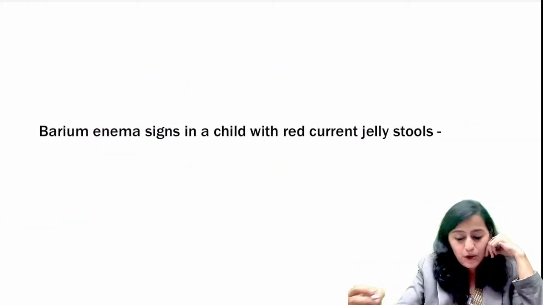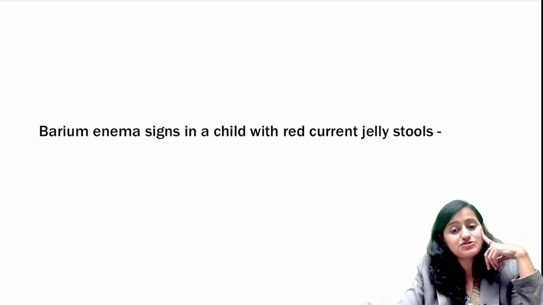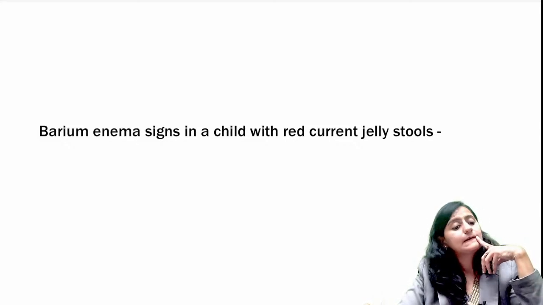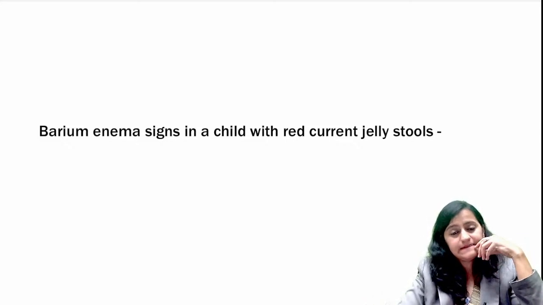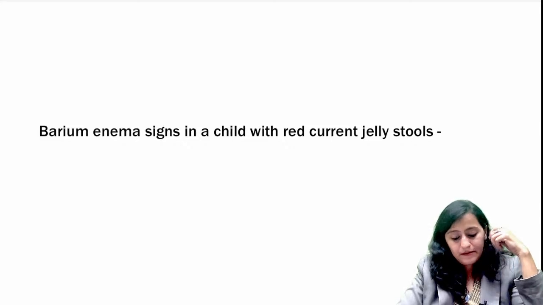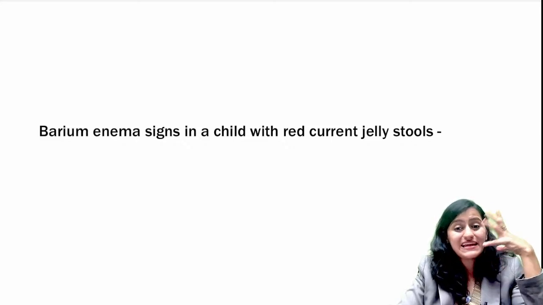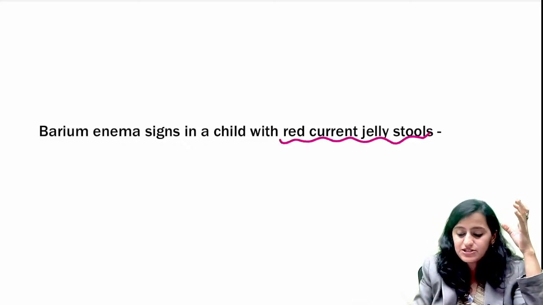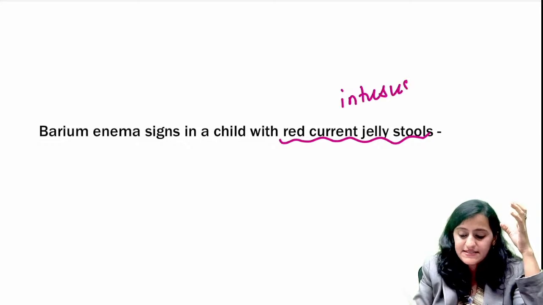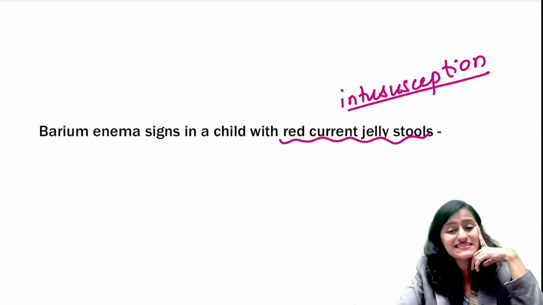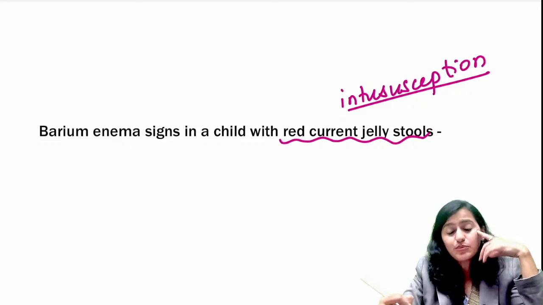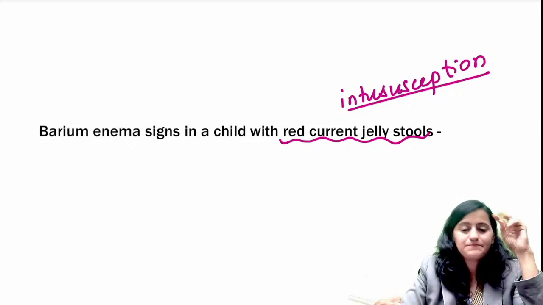Next one. What will be the barium enema sign in a child with red currant jelly stool? The red currant jelly stool basically represents intussusception. So, what are the barium enema signs?